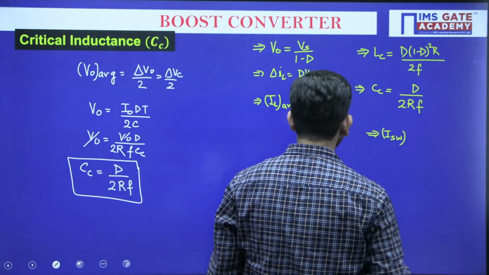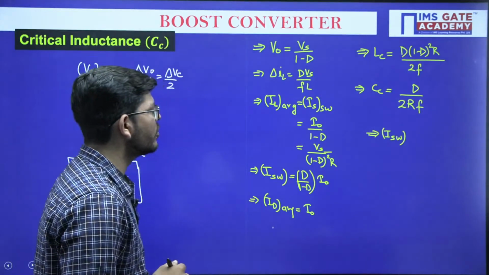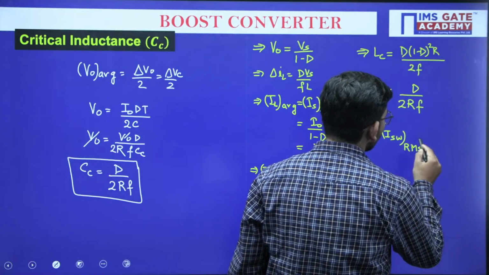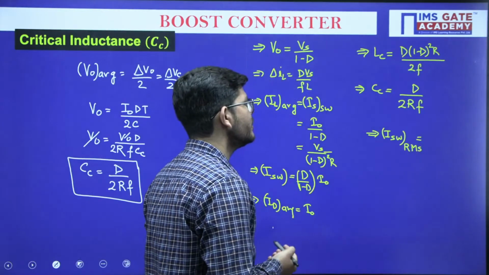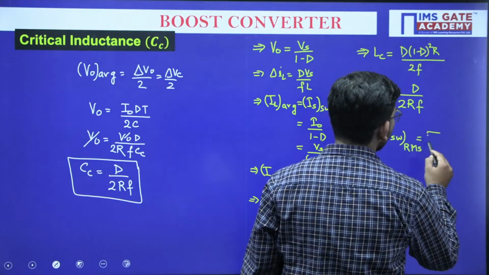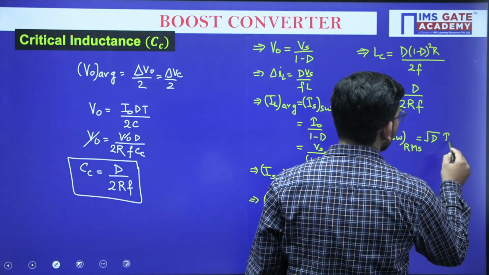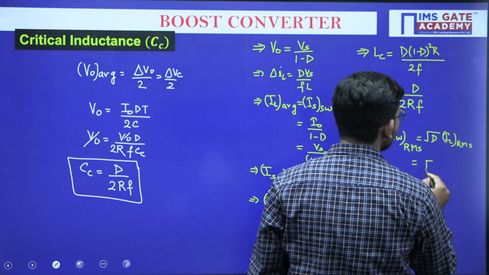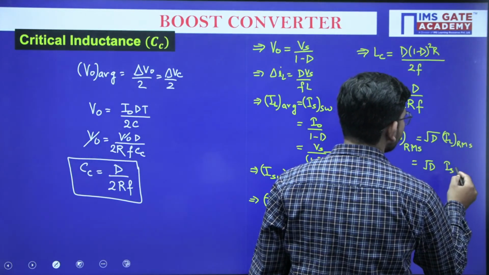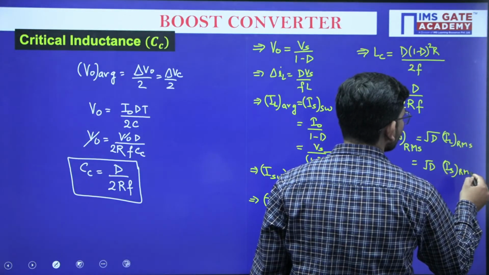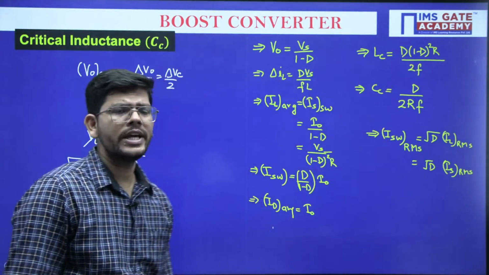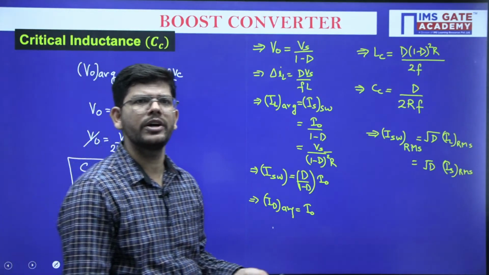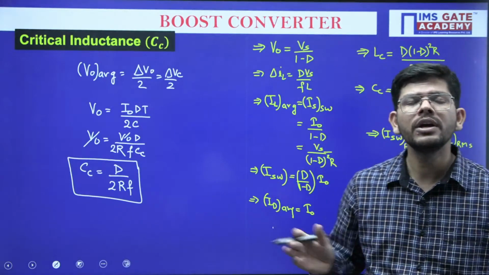For that I can write the square root of D times IL RMS, and since IL and IS are the same current, I can write it as IS RMS. This is also one way. If we have to find the RMS value, the square root of D will be there, and this comes from the formula of average and RMS value.